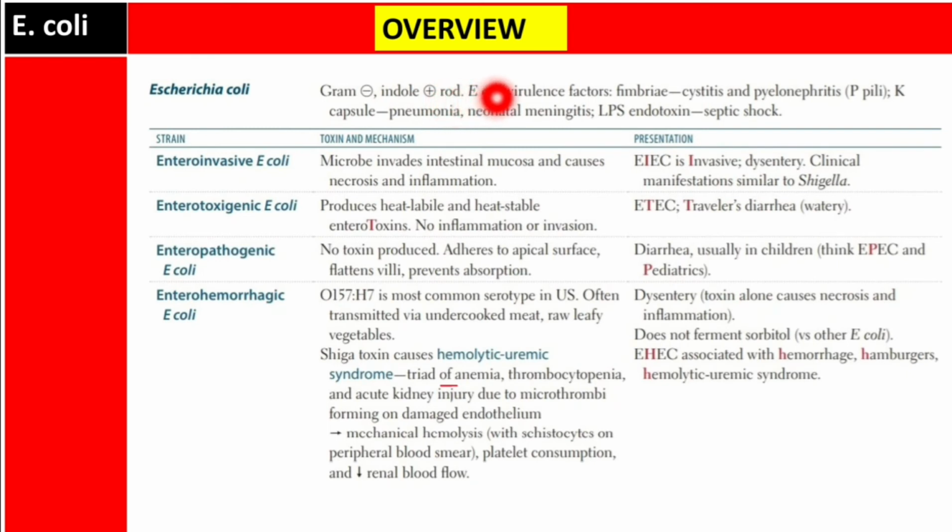The E. coli virulence factors include fimbriae causing cystitis and pyelonephritis, so pyelonephritis, pili, you can remember it that way. And also there is a capsule, the K antigen. This will mediate diseases like pneumonia and neonatal meningitis.